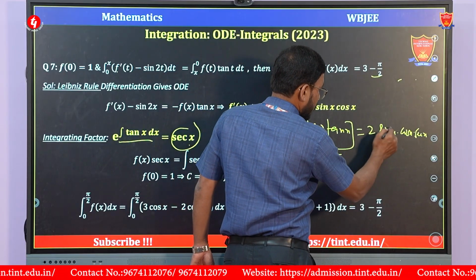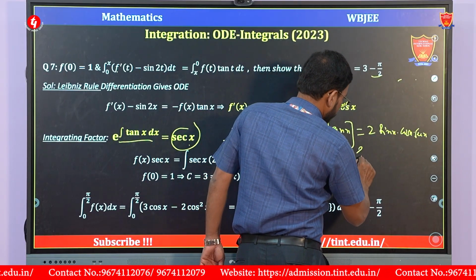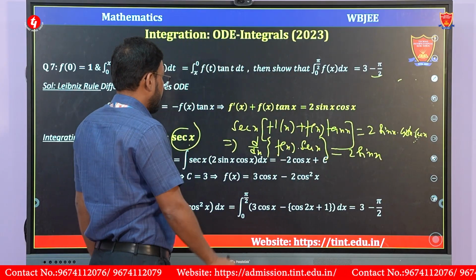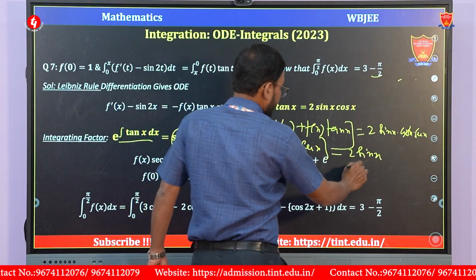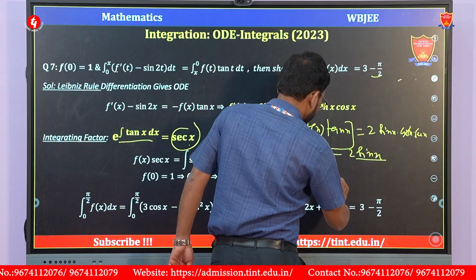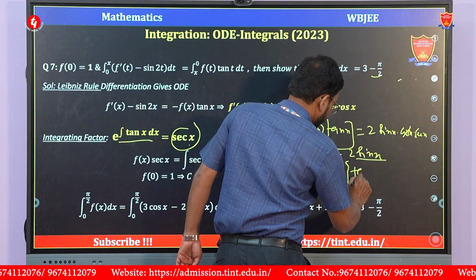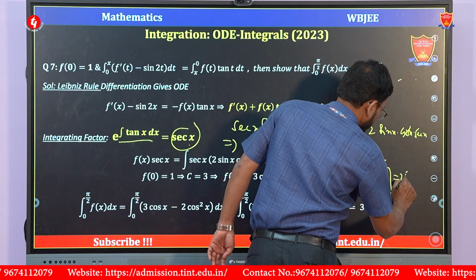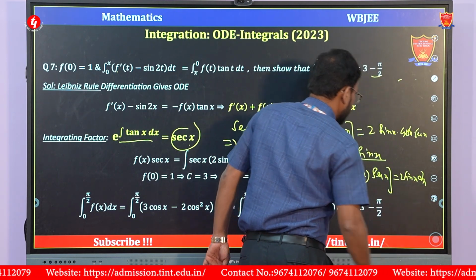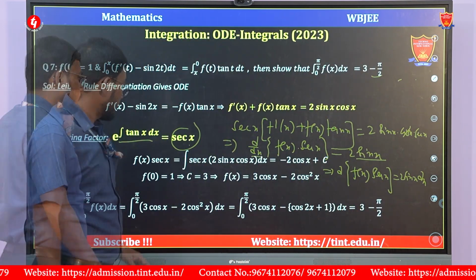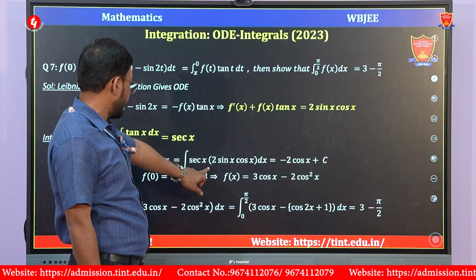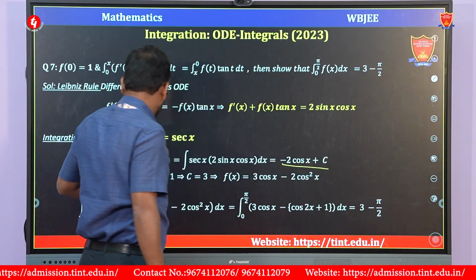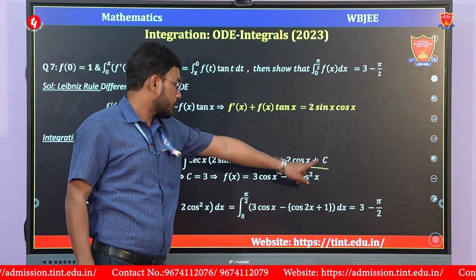This is 2 sin x, because this and this cancel. Now, take this dx to the right side. So you write d of f of x sec x equals 2 sin x dx. After simplification you will get f of x sec x is minus 2 cos x plus c.